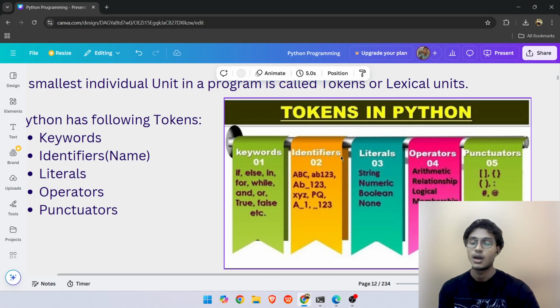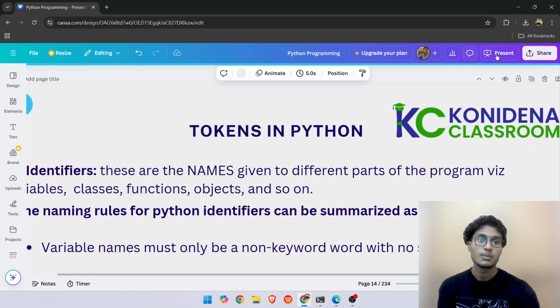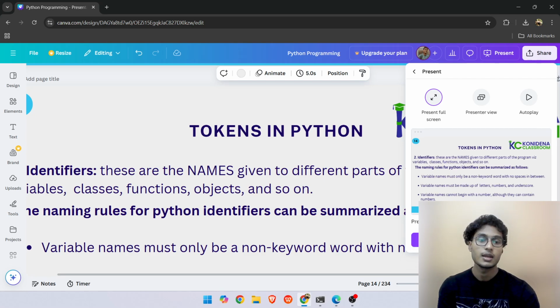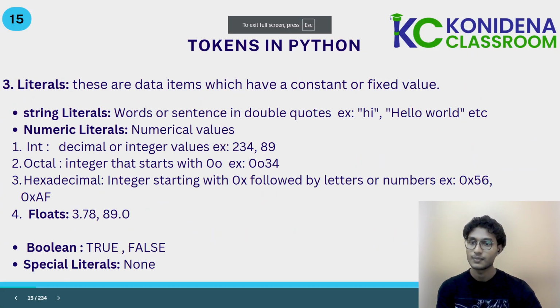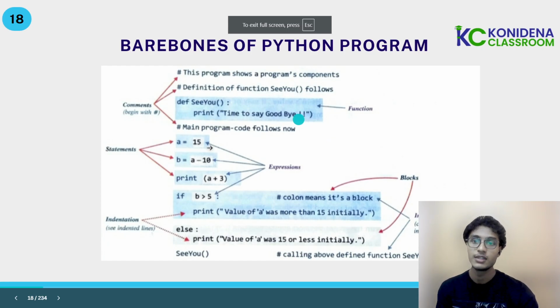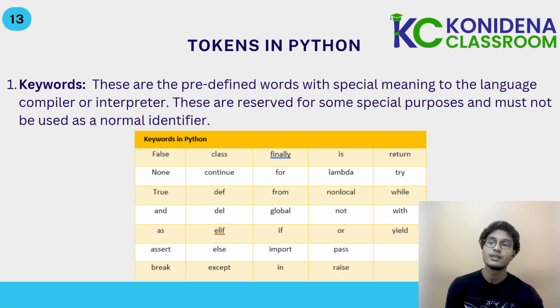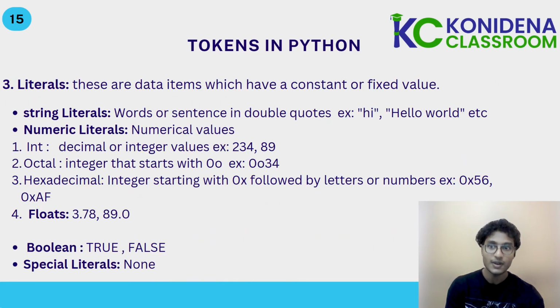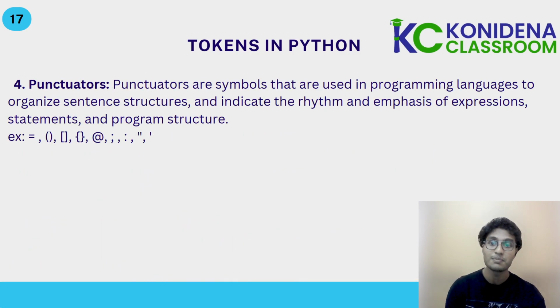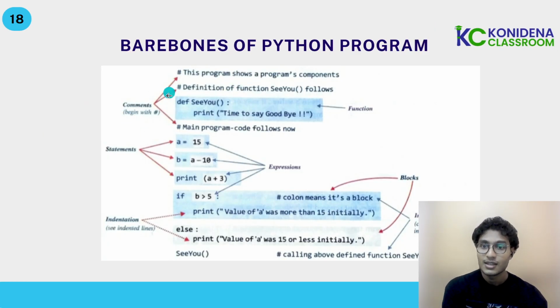Now let me share my screen. As you see, this code right here is actually utilizing all these tokens in Python, including keywords, identifiers, literals, operators, and punctuators. See, there is a hashtag for comments.